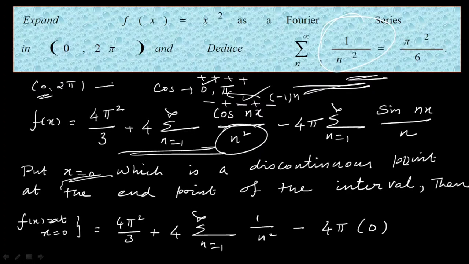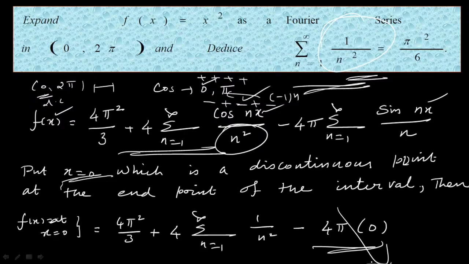As I told you already, if the point belongs to the interval, that is a continuous point. If it doesn't belong to the interval, that is a discontinuous point. So here the point 0 is not included, so this is a point of discontinuity at the endpoint. Just replace x by 0 here, here and here. Cos 0 value is 1, whereas sin 0 value is 0, so we don't have this term.